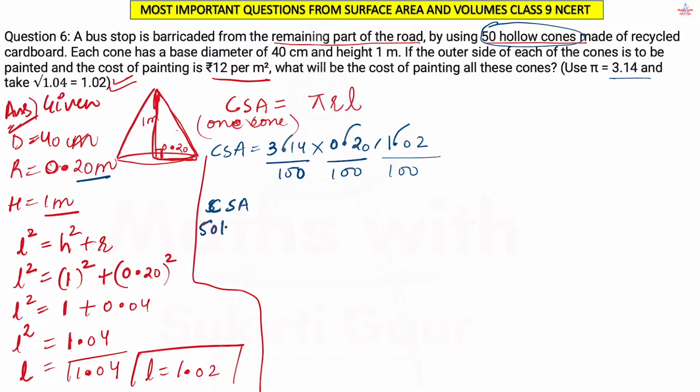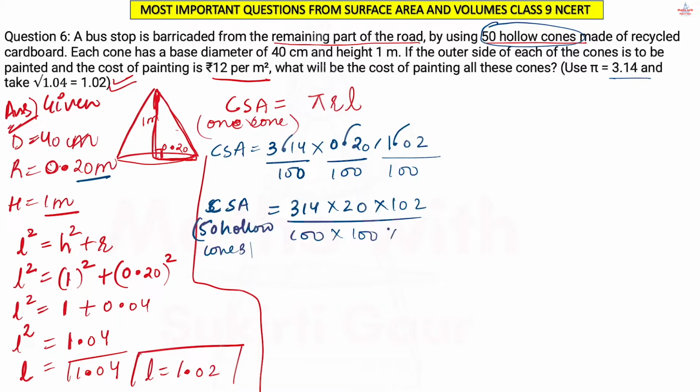For CSA of 50 hollow cones, we will multiply by the curved surface area of one cone. So just write everything here. Everything looks clean and it is very easy for us to find the mistake when we do everything very neatly, right? So I have multiplied it by 50.